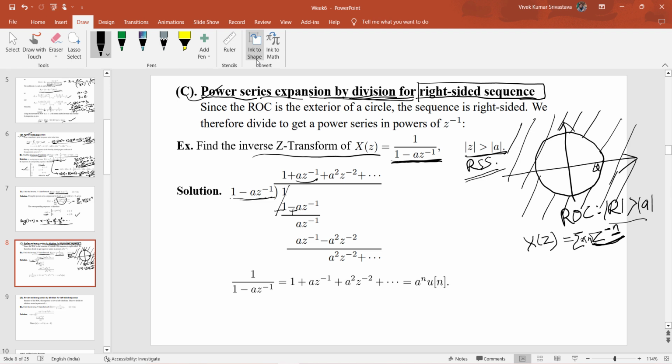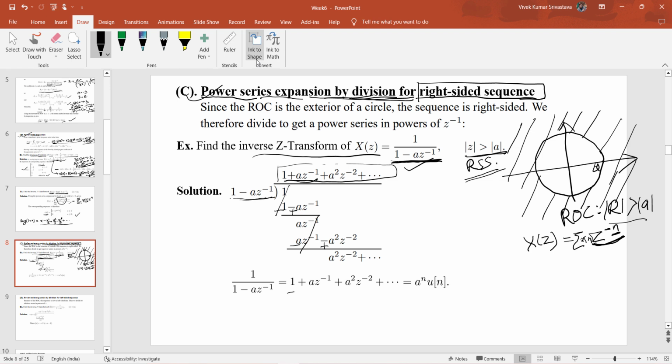Once you multiply you will get a z raised to the power minus 1 minus a square z raised to the power minus 2. So here also you will get a square z raised to the power minus 2. That's how you can divide 1 by 1 minus a z raised to the power minus 1, and you will get this series.